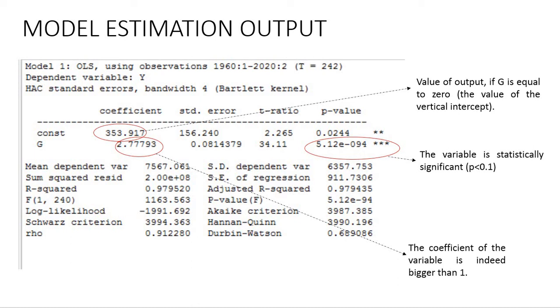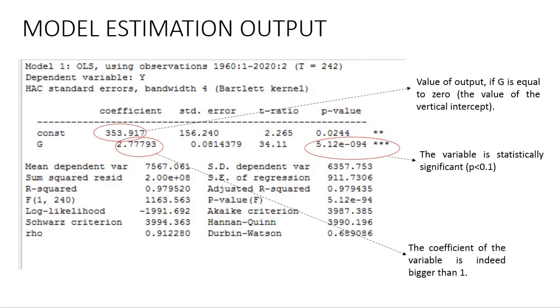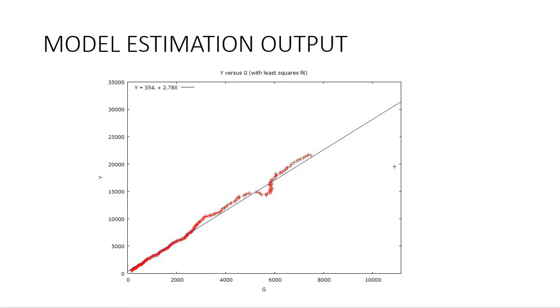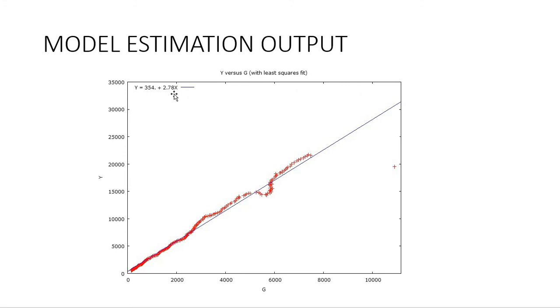So because this is a linear model, you can express the relationship between government spending and GDP using a linear function or linear trend. So this blue line stands for the regression path, which was estimated in our model. The value of the intercept will be equal to the value of beta 0, and the slope is equal to the value of beta 1. So this is how you express the relationship between those two variables using a linear model.